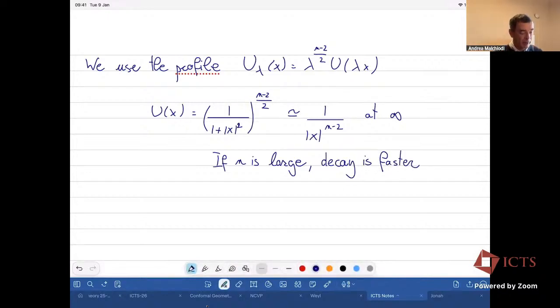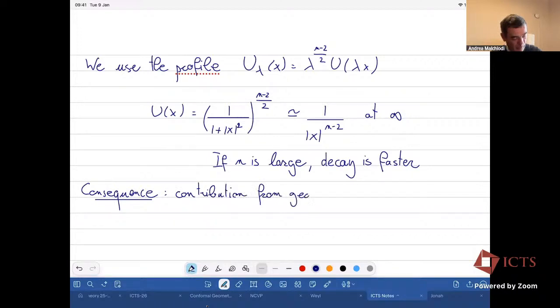So the consequence is that the contribution from the geometry is local if the dimension n is greater or equal to 6.